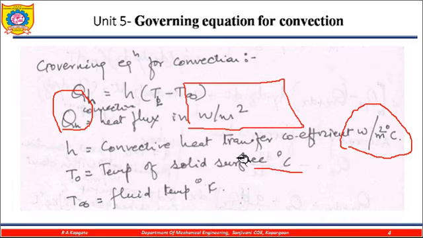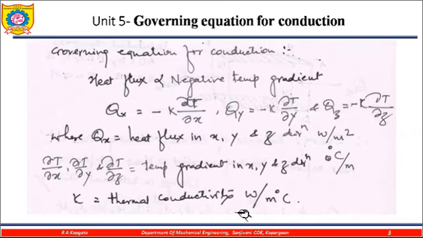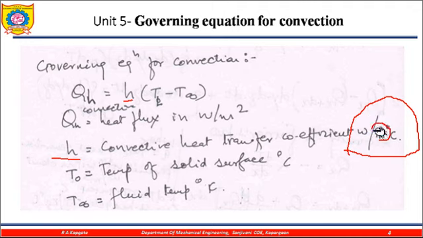So for convective heat transfer, while here k is the thermal conductivity, that is watt per meter degree centigrade, h is watt per meter square degree centigrade. Why is this meter square degree centigrade?